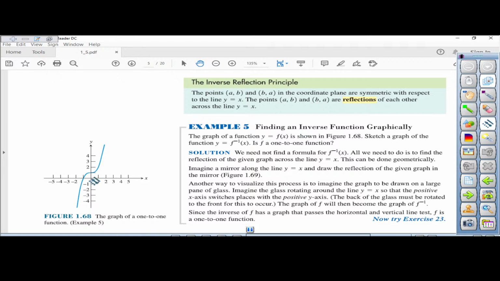Obviously, it's a 45-degree line. This line here. It turns out, to find the inverse graphically, you just have to reflect over the y equals x line. You just have to reflect it. So pretend that you are here.